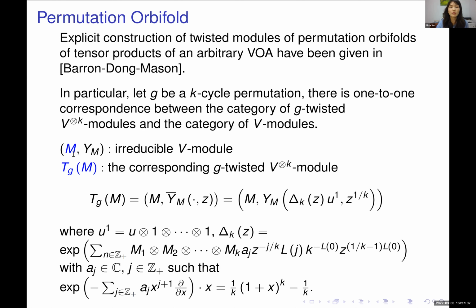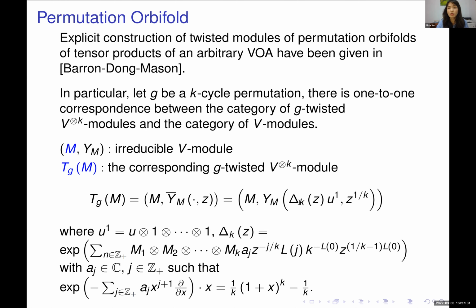So assume that M is an irreducible V module. Then corresponding to this irreducible V module, there is a G-twisted module for the tensor product VOA, which will be denoted by T_G(M). Later we are going to follow this notation. This T_G(M), as a vector space, is the same as the original irreducible V module, but the vertex operator is different.